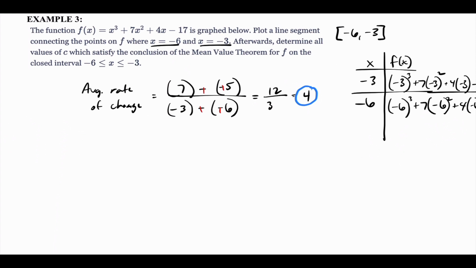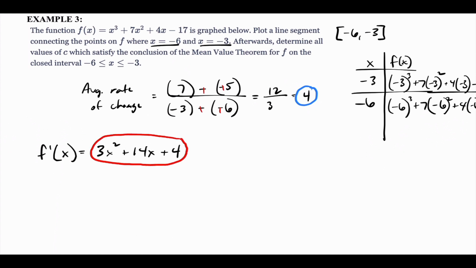Second part, derivative: 3x squared plus 14x plus 4. That's the second part.